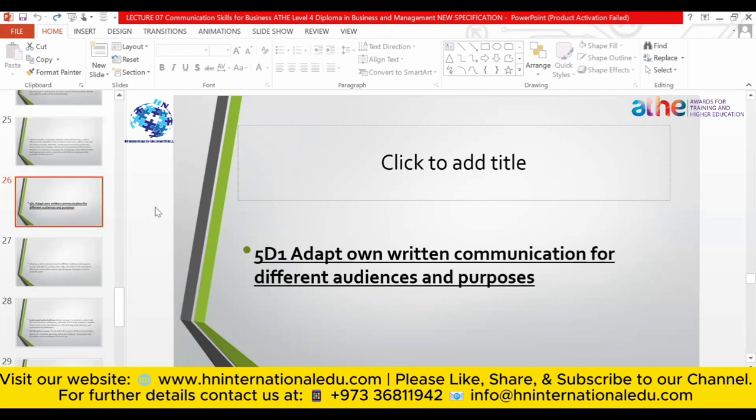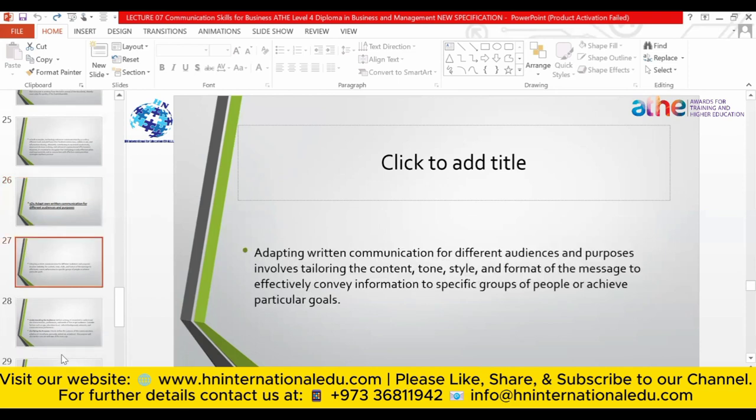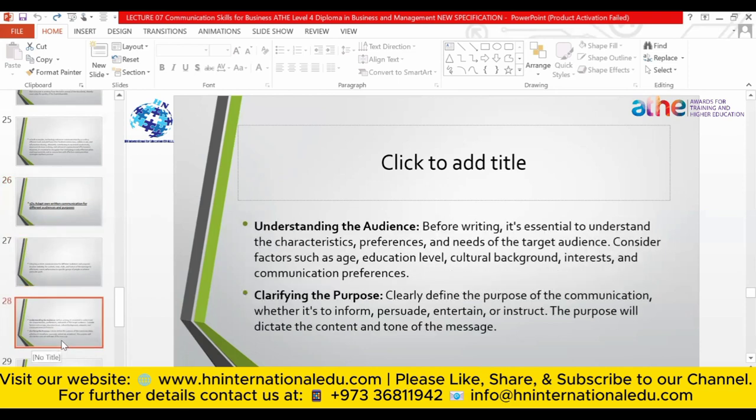Second, after understanding the audience, ma'am. Yeah, clarifying the purpose. I didn't understand clarifying the purpose. They mention here to clearly define the purpose of the communication. Is it that we have to instruct, or just provide information?